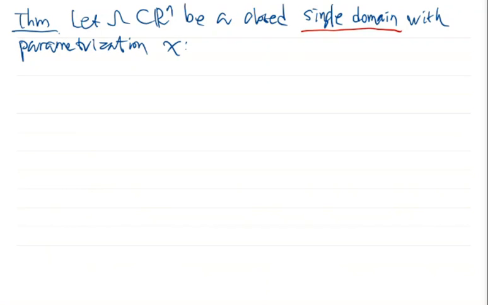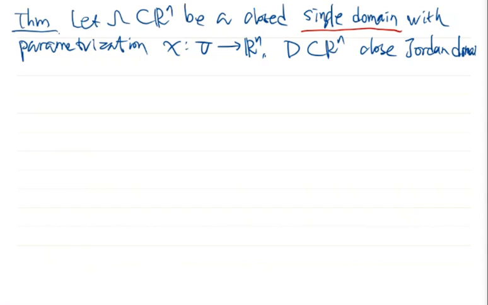That is X: U to Rn, and D is also a closed domain in Rn, a closed Jordan domain. And phi is a map from omega to D, which is C2.